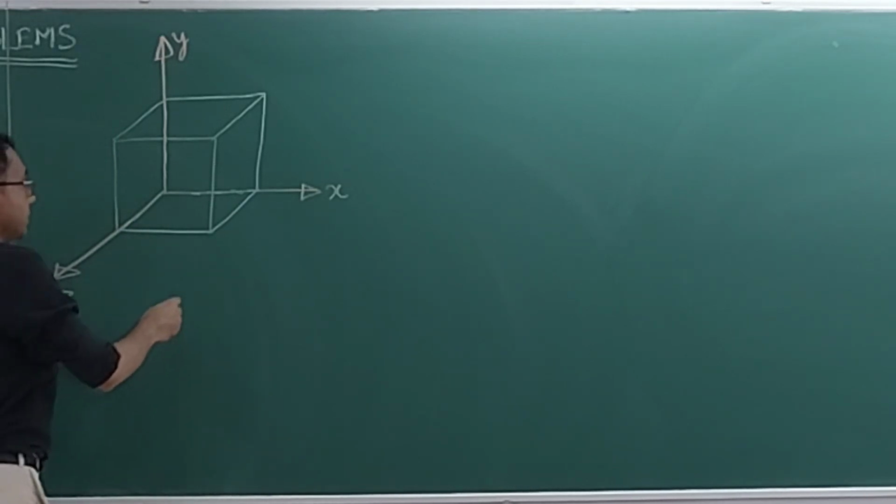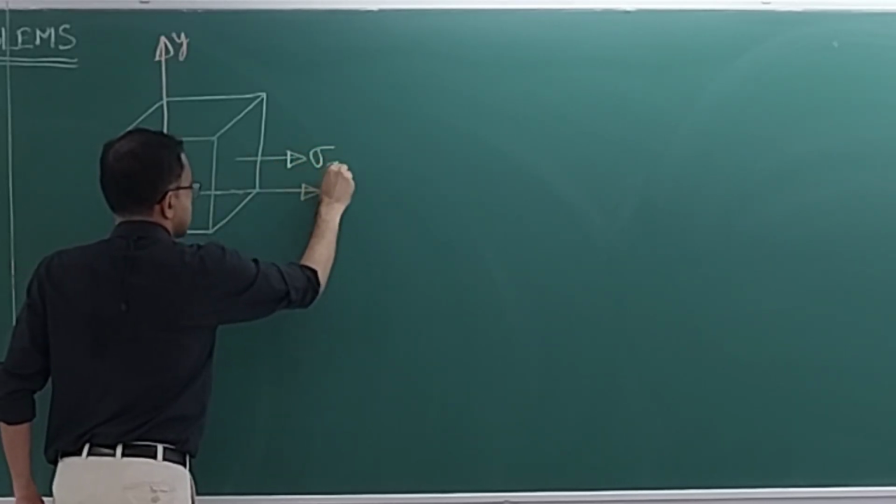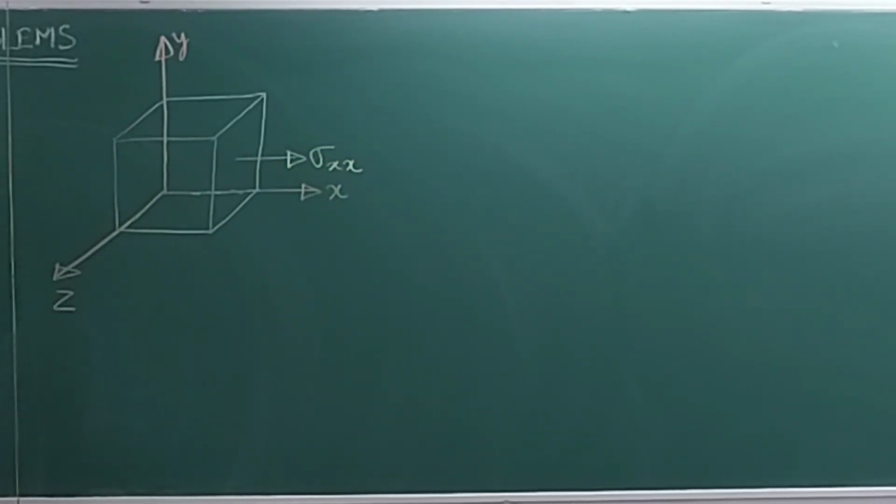It is going to be an extremely cluttered drawing, but there is no way around it. This is sigma xx. First of all, what I will draw is all the stress components which are along the x direction. So there is a mistake here, but I have deliberately written it. Just bear with me for 1 second.